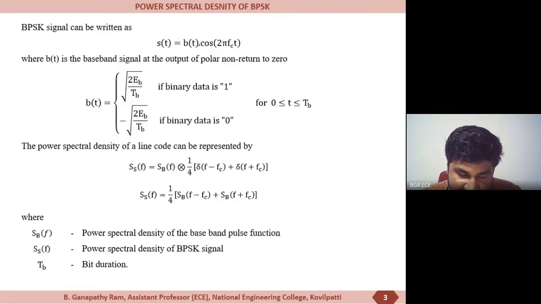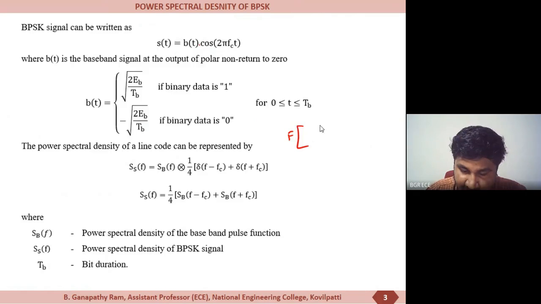Hence, in time domain, the baseband data is multiplied with a sinusoidal signal of frequency Fc. In power spectrum, it is represented by the convolution between the power spectral density of the baseband signal and the power spectral density of the sinusoidal signal.